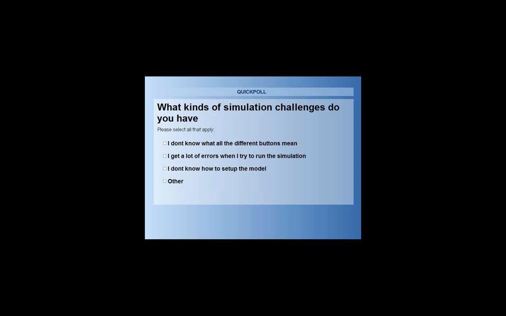If it's a case of other, in the chat window at the bottom of the GoToMeeting panel, you can expand that and type it in there. So if it's not one of the 3 that I have in there, you can just type in the chat window, I usually have problems doing X whenever you try to simulate your models.